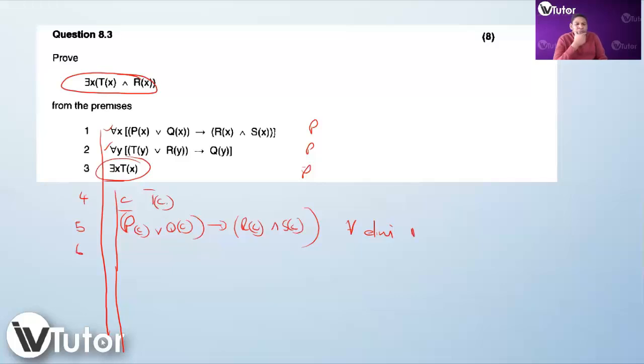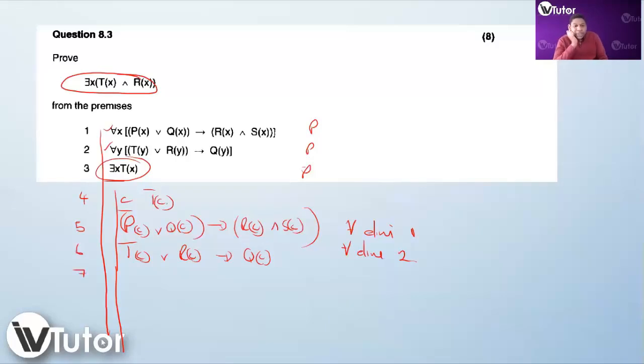Number 6 will also be, we are under the domain of C, so we're going to have TC or RC implies QC. Elimination on number 2. So we now have everything in terms of C.